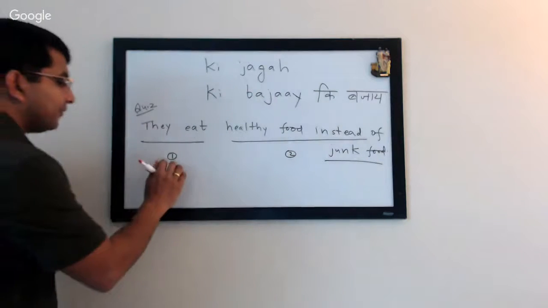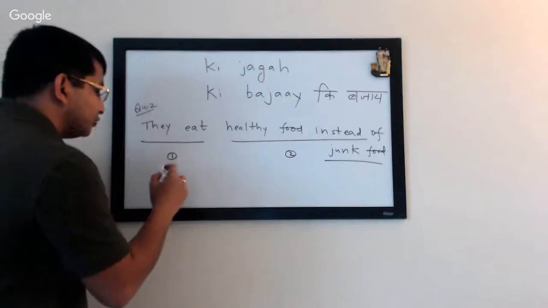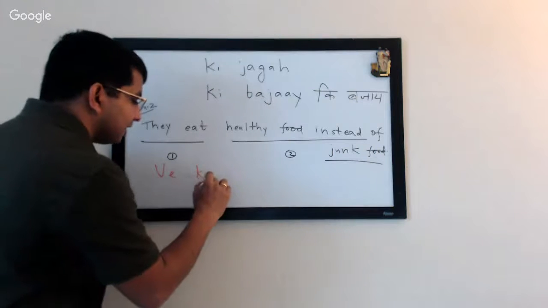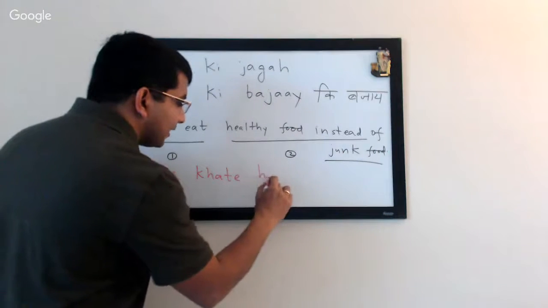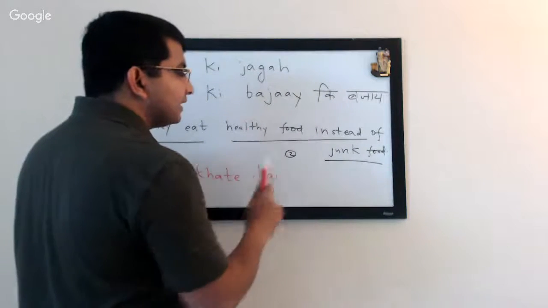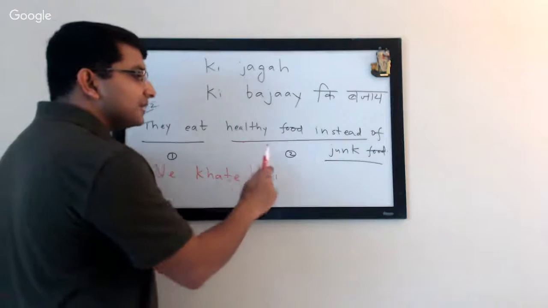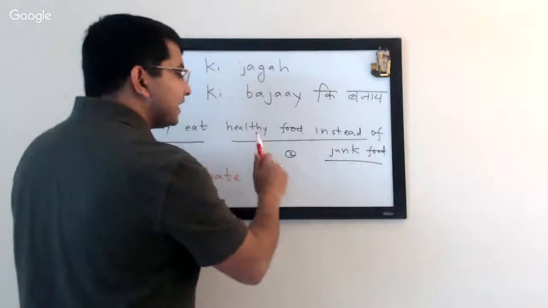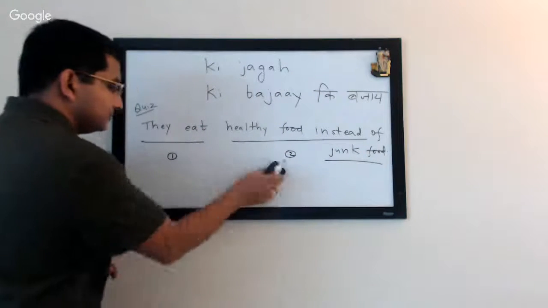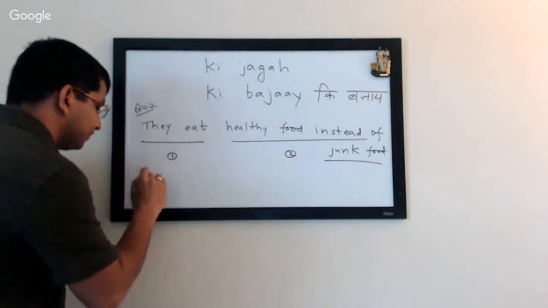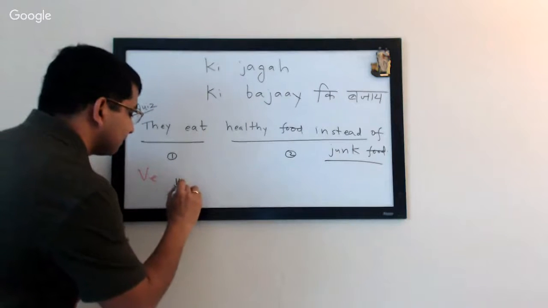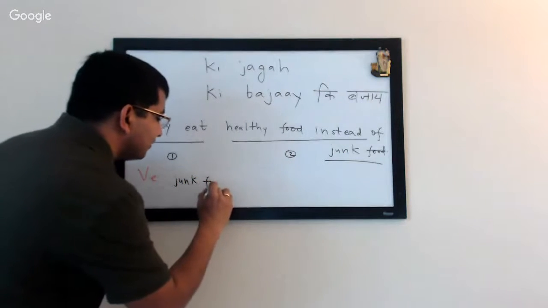So the first one is they eat, which, as you can probably point out, is the present indefinite. So that is वे खाते हैं. They eat. Now you have healthy food instead of junk food, right? So it's basically junk food की बजाय healthy food. So all you're doing is वे, which is they, and then junk food.